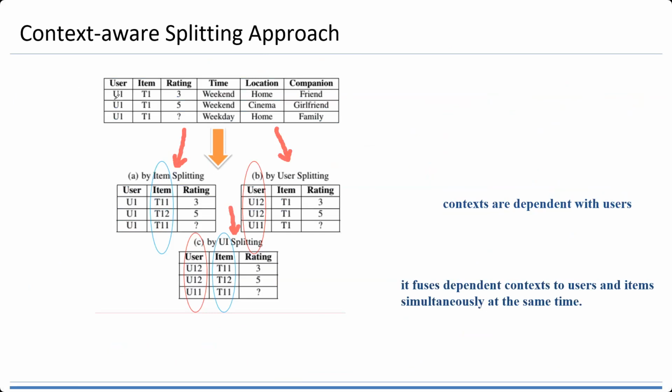In this case, user 1, T1 is giving a rating 3. He is on the weekend, home and friend. User 1, T1, 5, it is in weekend, cinema and girlfriend. What about this one? U1, T1, and what's the rating? Given that the time is weekday and the location is at home and the companion is family.